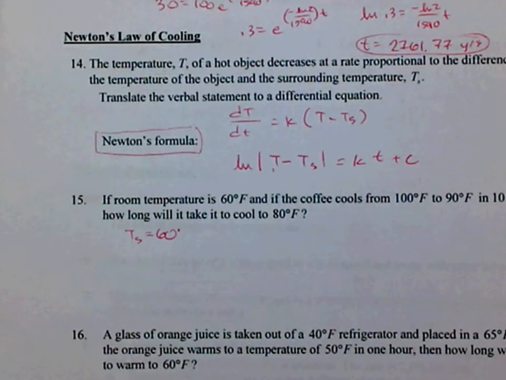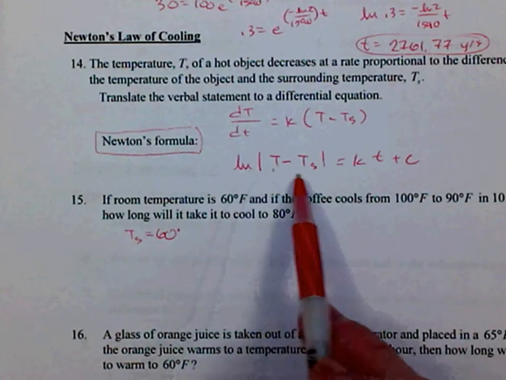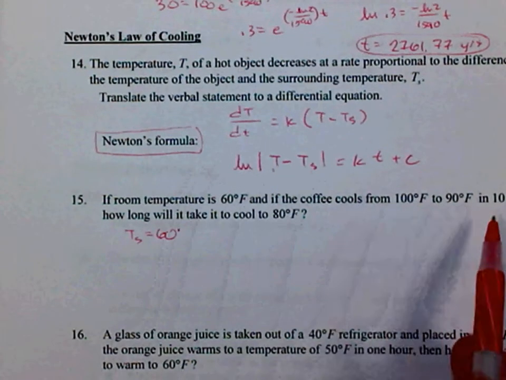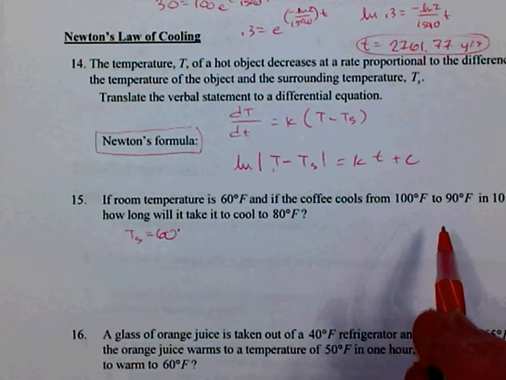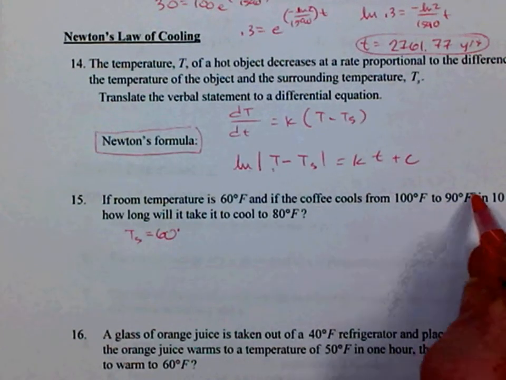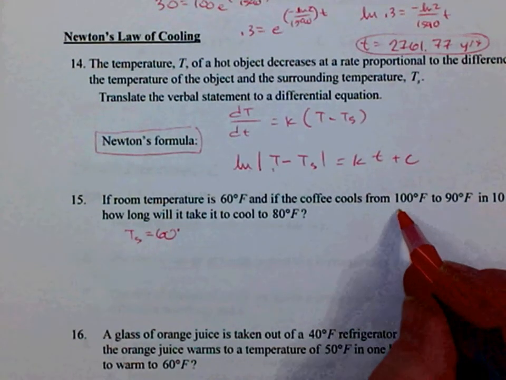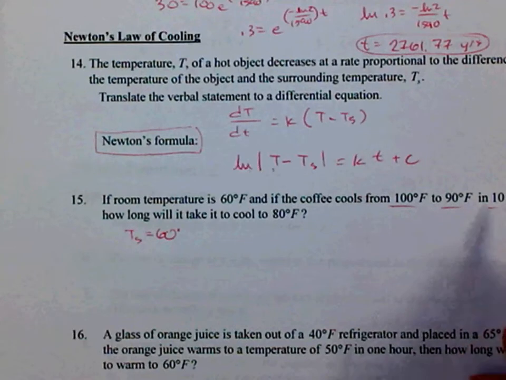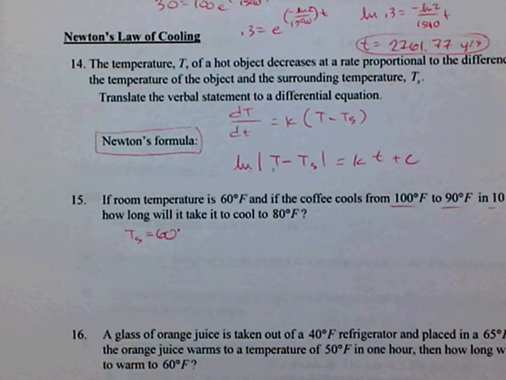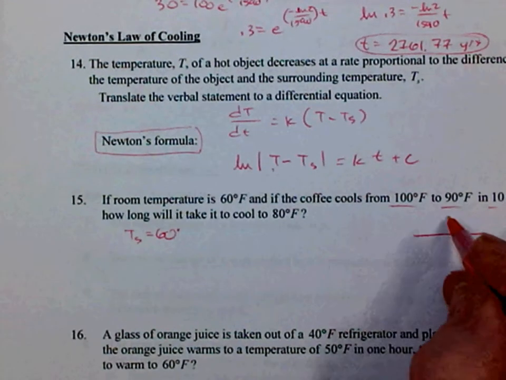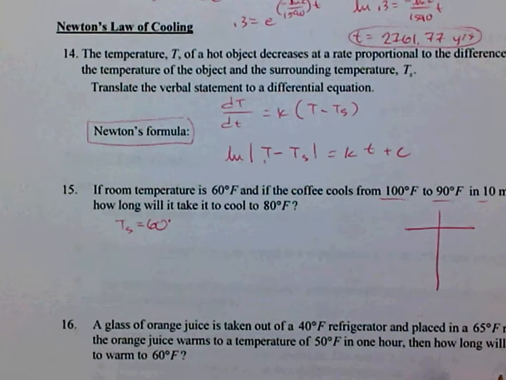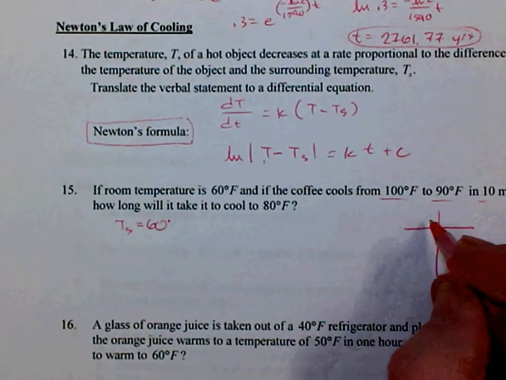We're going to use this equation because you'll see that we have some temperatures given to us here, 100, 90, and 10 minutes. Just to put this in a way that we can follow, I'm going to quickly make a table for you.